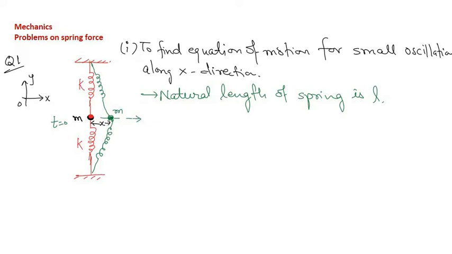From Newton's laws of motion, we know that force is equal to mass times acceleration. Here I have displaced only in the x direction, so I just need to write the force in the x direction, that is Fx is equal to mass times acceleration in the x direction.